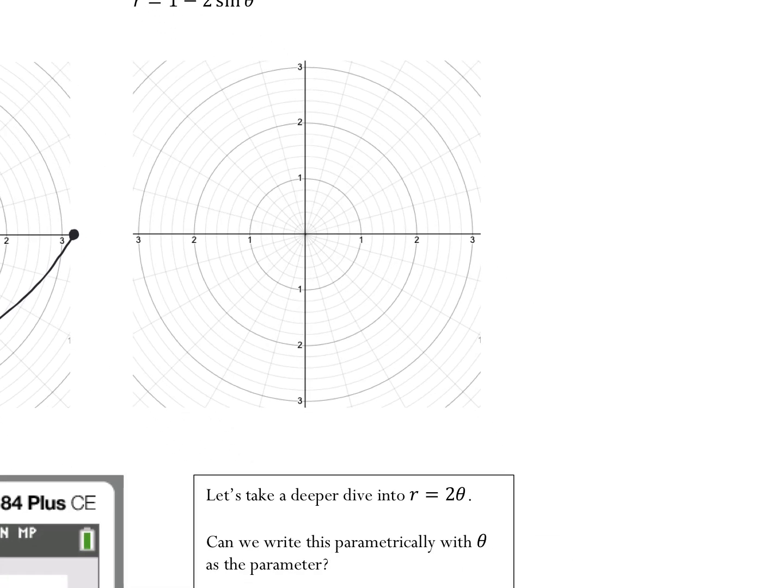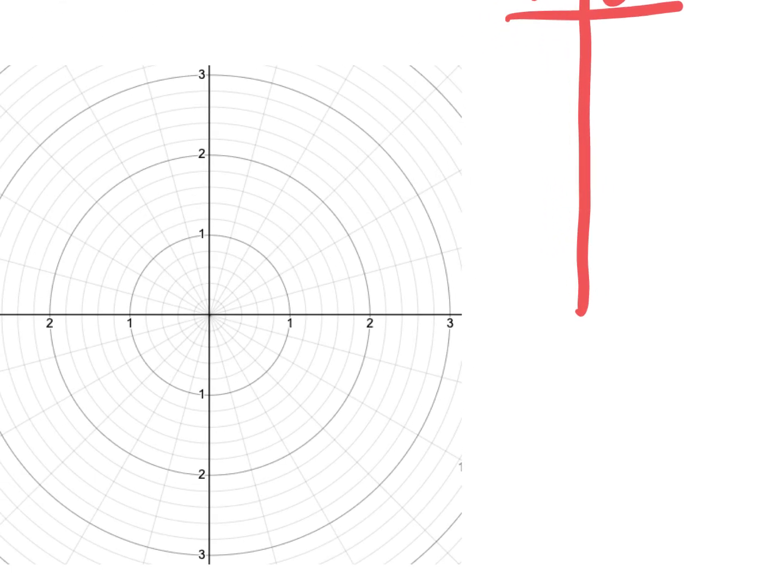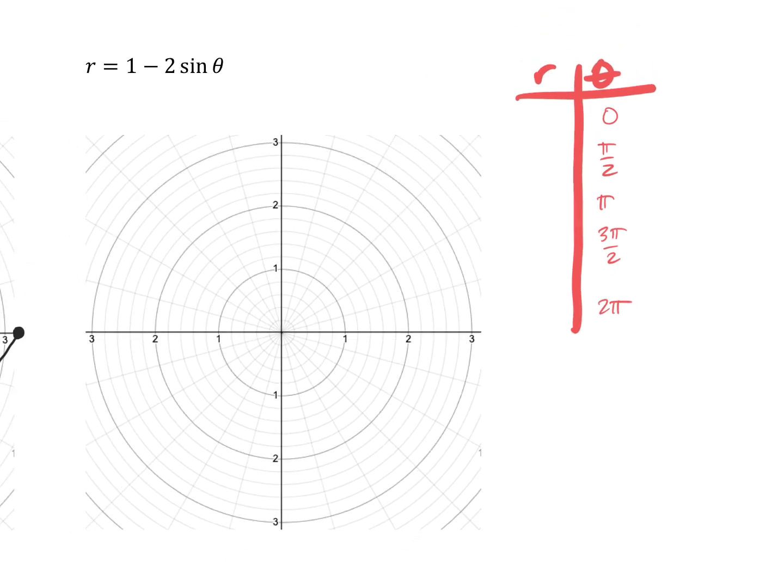So I think, again, 0, pi/2, pi, 3 pi/2, 2 pi. Okay. So when theta equals 0, my radius is 1 minus 2 times 0.